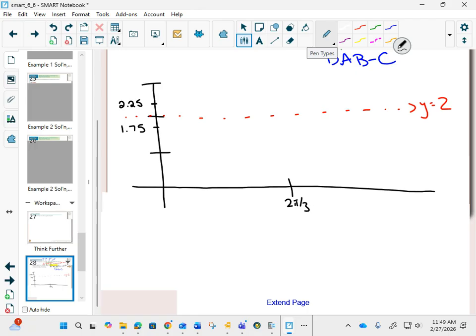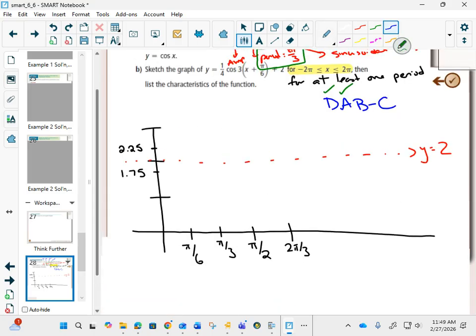What they asked us to do is the highlighted part, which you're going to see at the end is super annoying. But right now, we're going to do what I said instead, at least one period. Mark it as 2 pi over 3, divide it into 4 equal sections. Half of 2 pi over 3, we did this already, is pi over 3, pi over 6, 3 pi over 6, which reduces to pi over 2. And we have completed the B part.